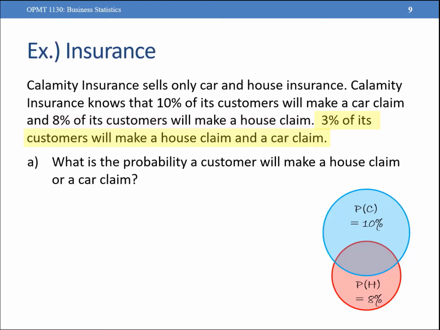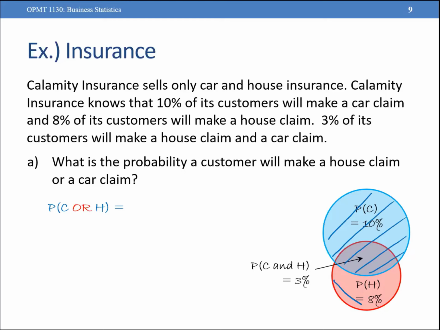Now 3% of its customers will make a house claim and a car claim. So that's going to be this overlap here, the AND probability given here. 3% of the customers. So what is the probability a customer will make a house claim or a car claim? So this is our OR probability. So what I'm looking at here is all of the areas that we see, both the blue and the red. So I would take the probability of a car plus the probability of a house claim.